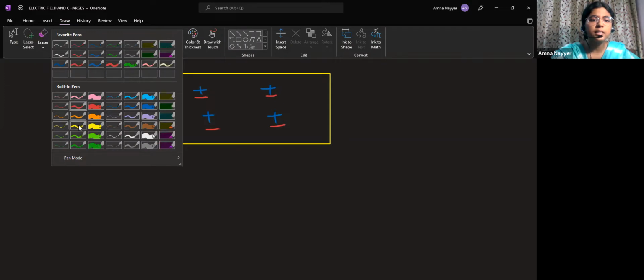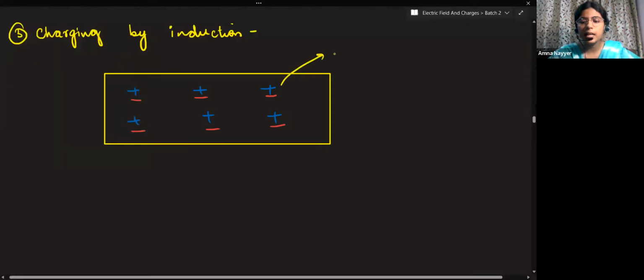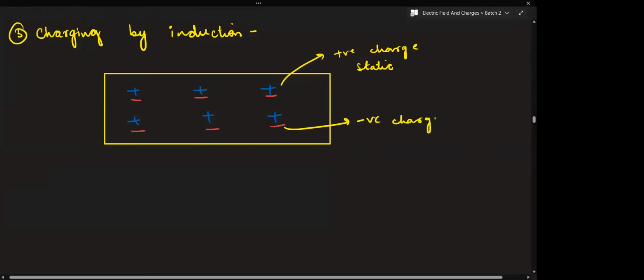If I say these are positive charges, which are static. Why? We know, because positive charges are held by nuclear forces, so they will not move. These are the negative charges, which are mobile. These will move.